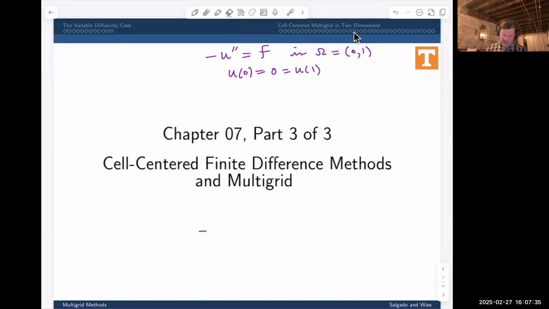But what if it's not? In that case, we have something a little bit more general for our law, something which might look like this: (A U prime) prime equals F.